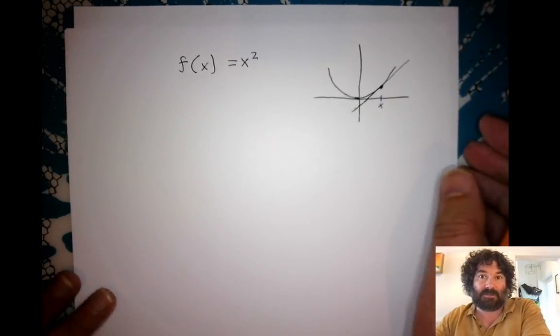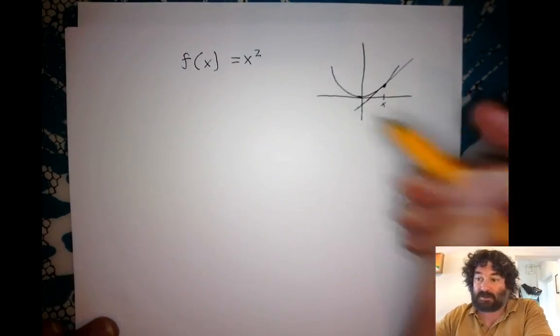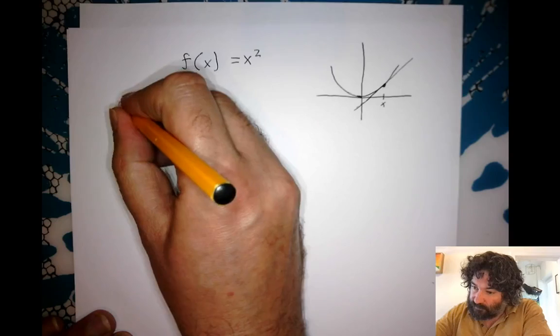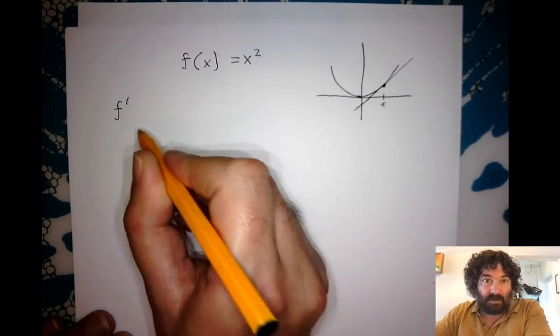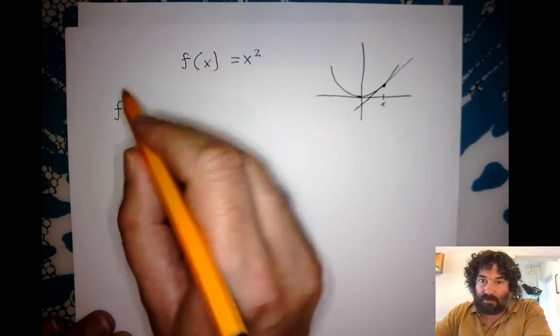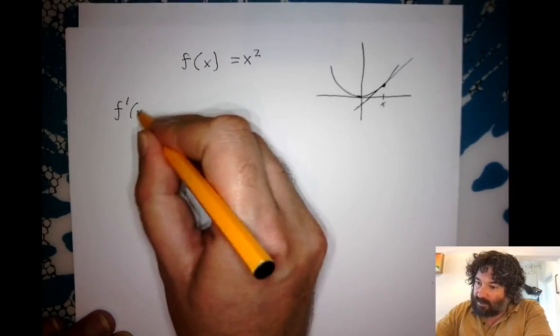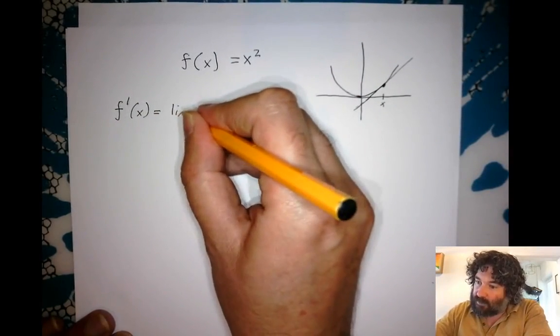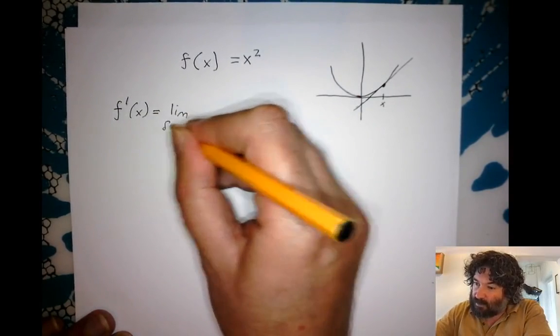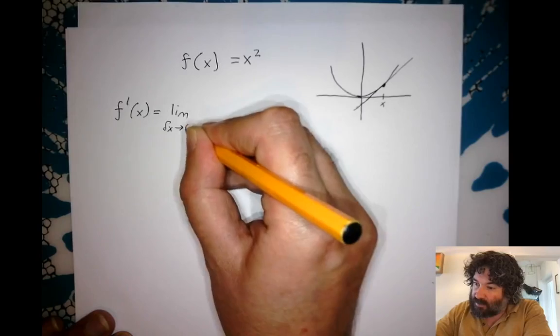And we're going to find it using the definition in terms of the limit. So this derivative, the notation is f with this little dash here. We call this prime, f prime of x. And so by definition, it's the limit as delta x goes to 0.